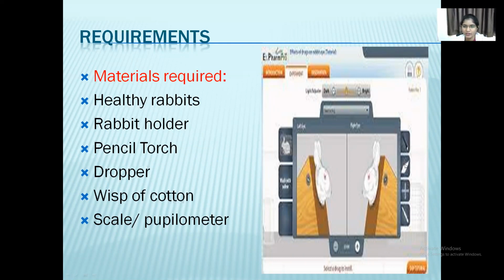This is the cotton wool, and scale or pupillometer. These are the materials required for the practical.